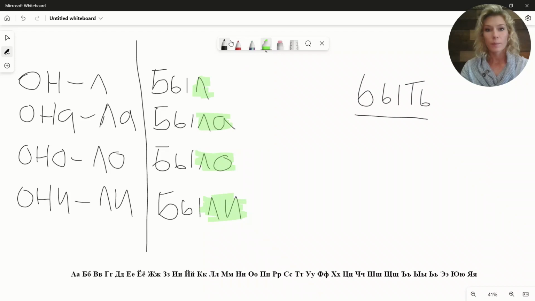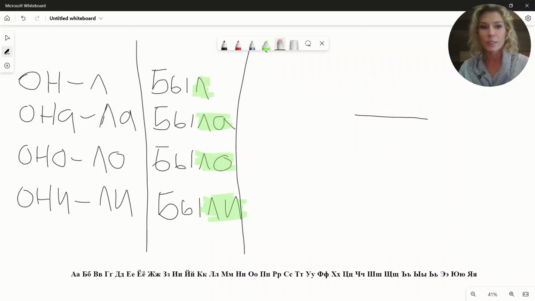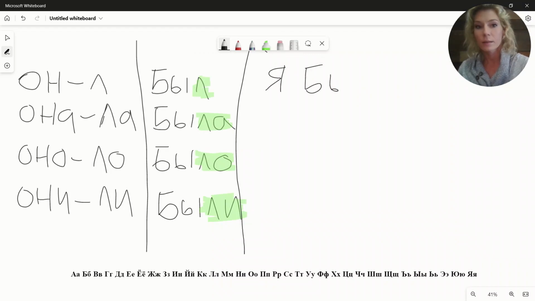Okay, so for example, just really quick, I'm a really visual person, I like to write it out. I'm just going to get rid of this. So I will say, as a man, я был. As a woman, I would say я была.